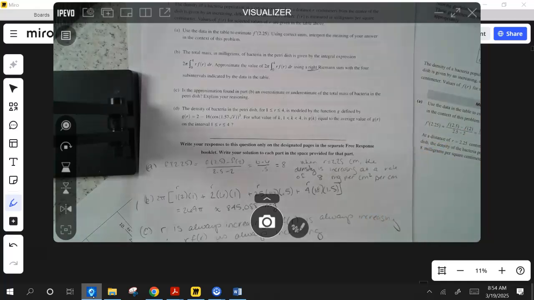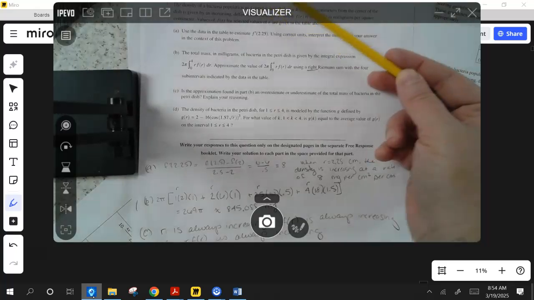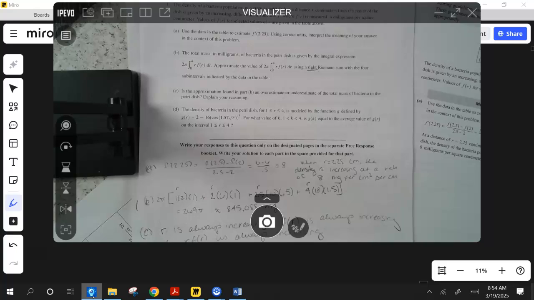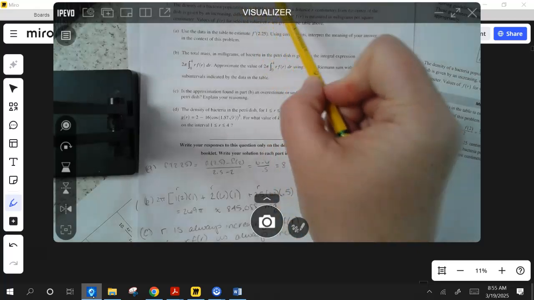No, I said that. But milligrams per square centimeter per centimeter. No, milligrams per square centimeter per centimeter.